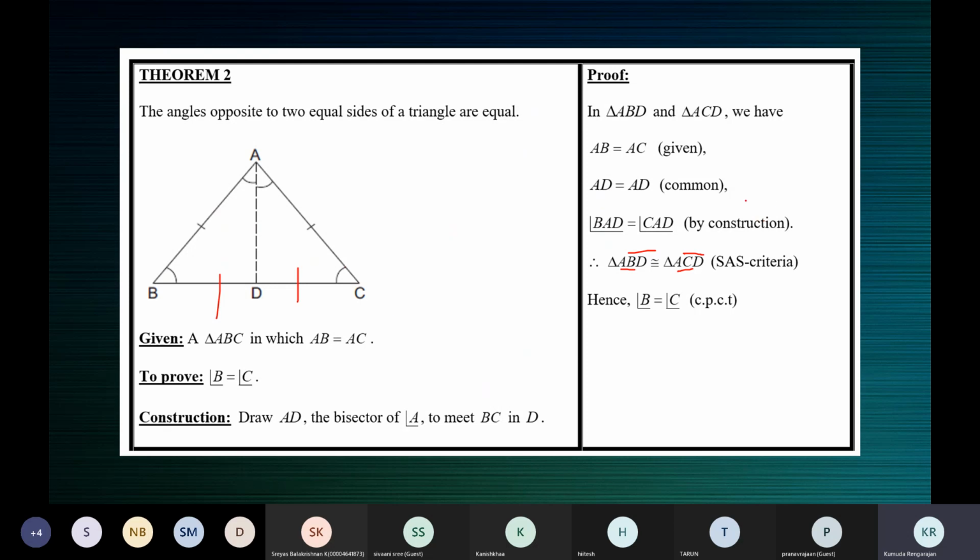You can see from the order here, BD is equal to CD. That means D is the midpoint of BC.